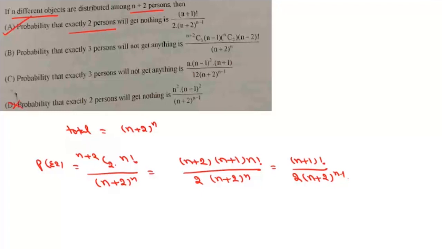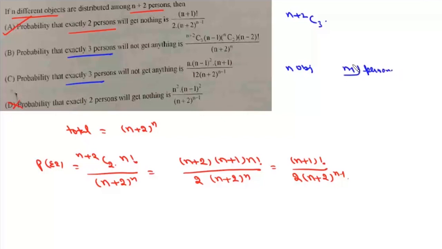Now in the second part it asks for the probability that exactly 3 persons will get nothing. Now which 3? First we'll select these 3 people from n plus 2, which can be done in n plus 2 C3 ways. Now we have n objects and n minus 1 people.